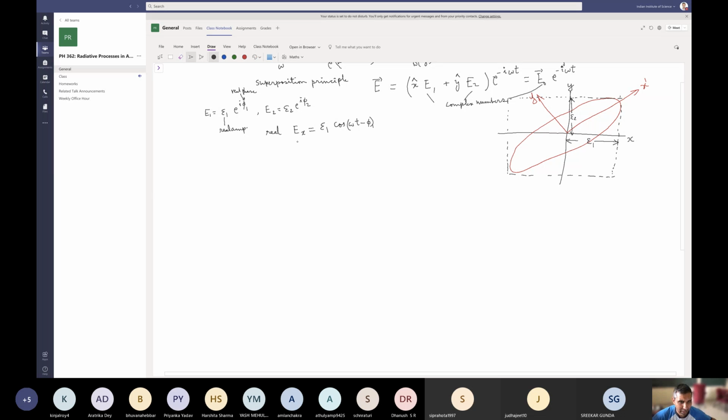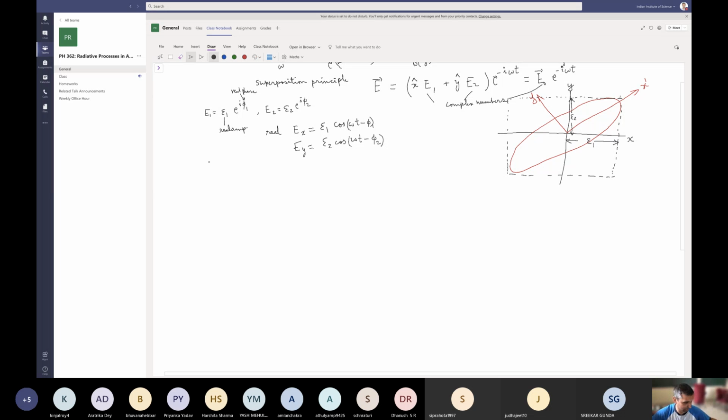So this is Ex, the electric field along the x direction. Similarly, Ey is equal to epsilon 2 cos omega t minus phi 2. Okay. Now we will have to use some trigonometric identity.